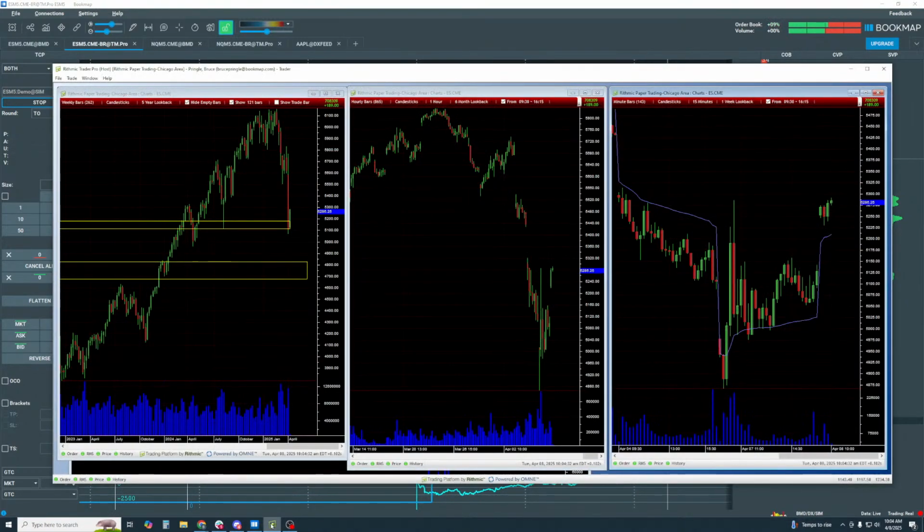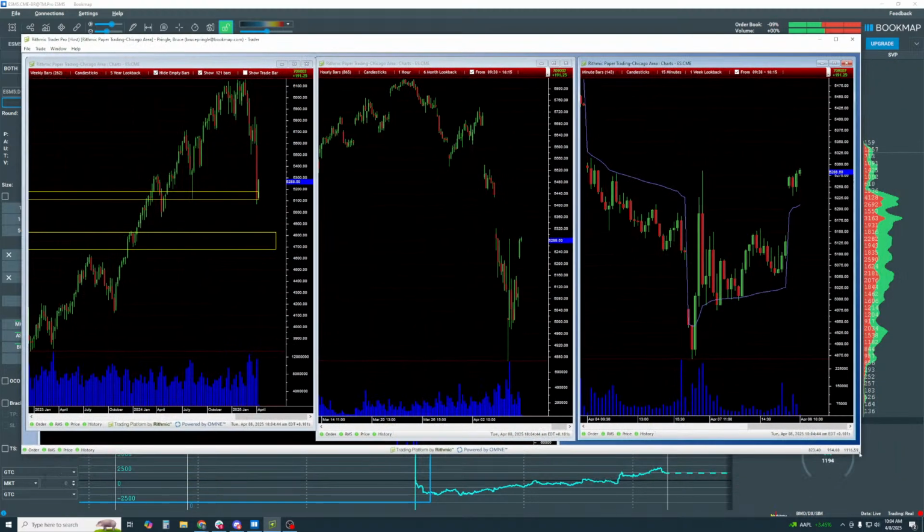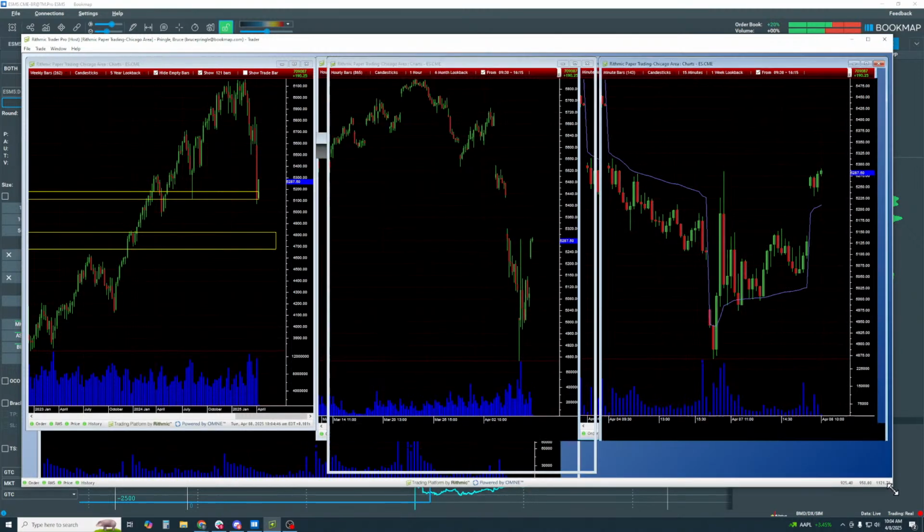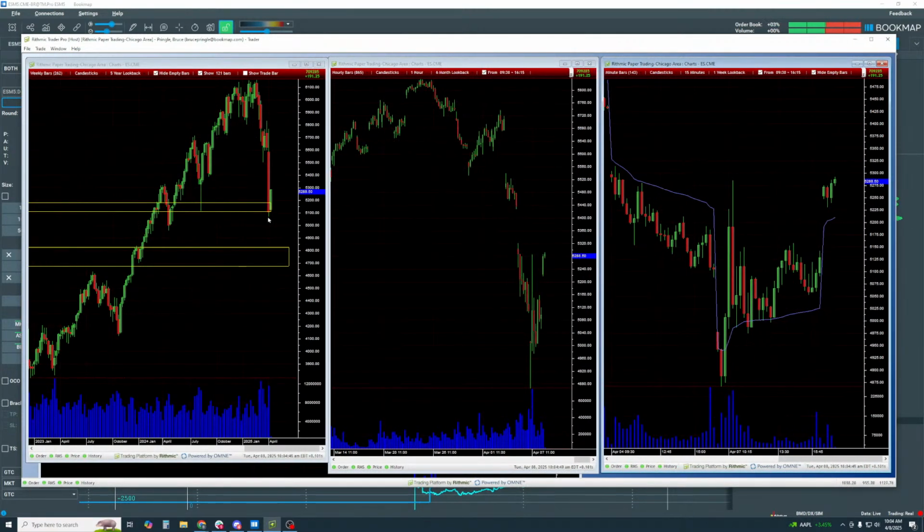but let's take a look at our higher time frames here, and then I'll talk about that composite view I mentioned earlier. For some reason my chart does not show the price action from yesterday.